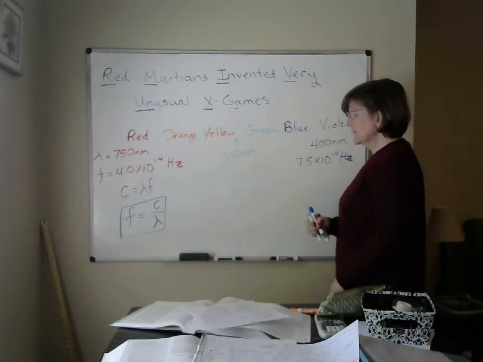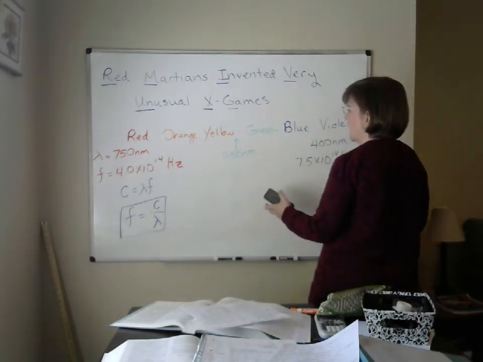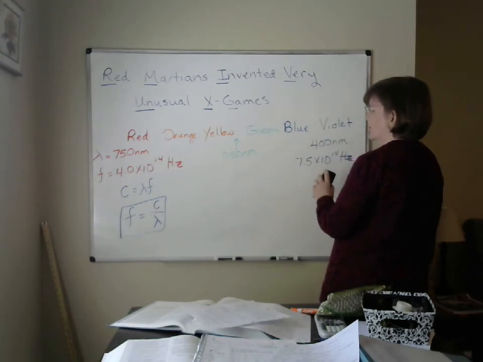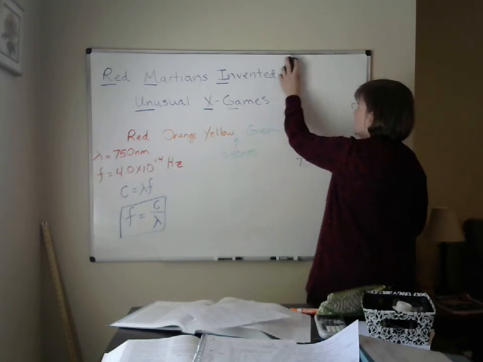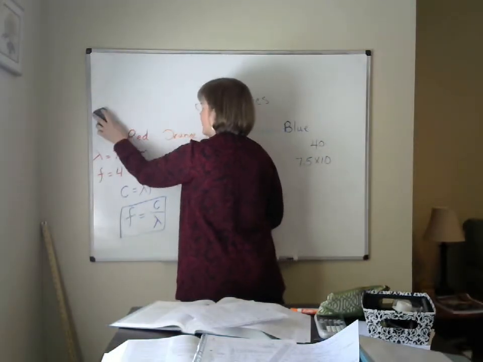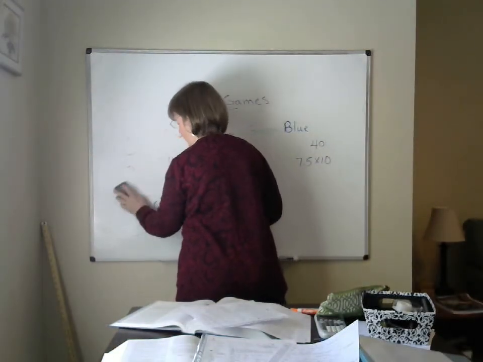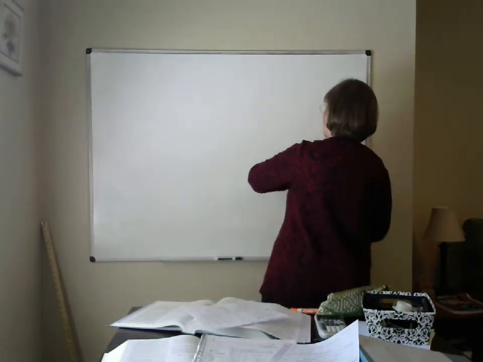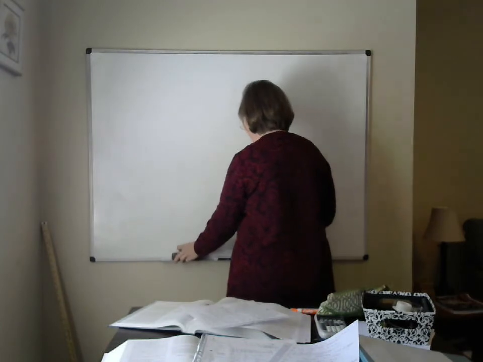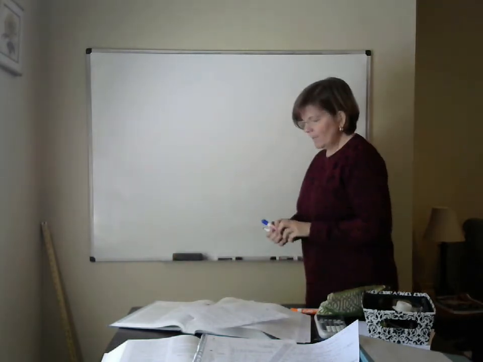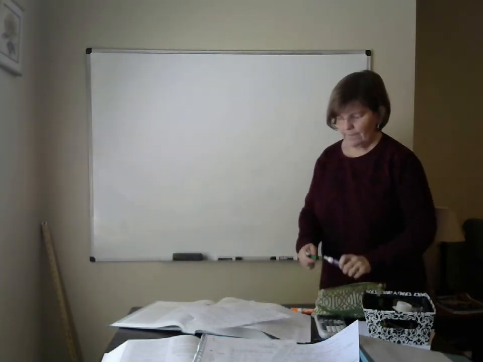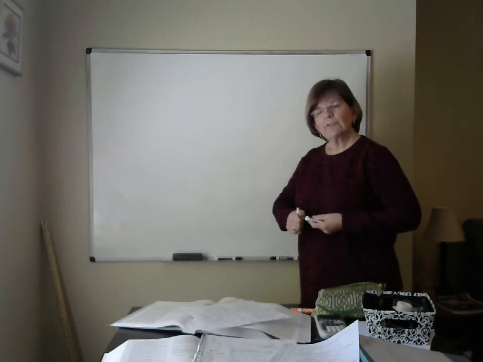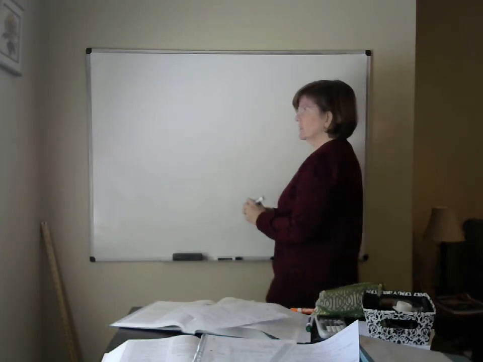It's interesting to think about how fast light does travel and the fact that we can treat light like a wave. Let's do one more problem. When it comes to solving these problems that involve electromagnetic radiation, there's two formulas we use a lot.